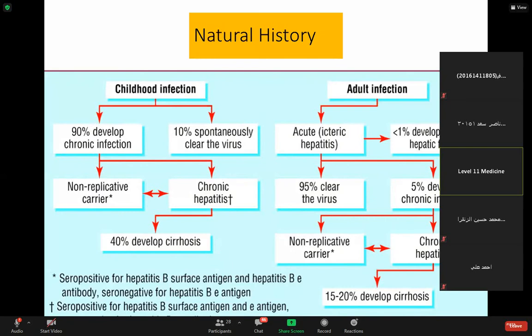Compare this to adults: when they get the infection, only 5% will have a chronic infection. So mostly it will be acute and the virus will clear by itself. Is this clear, guys?